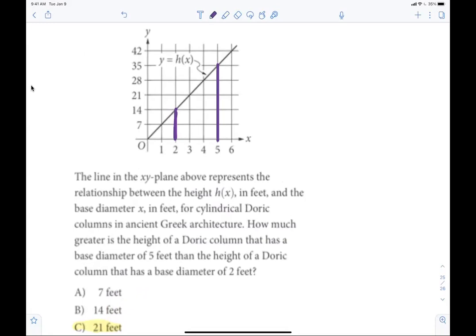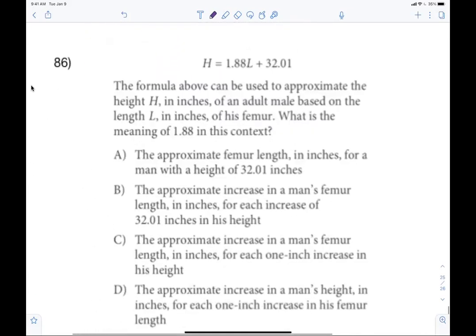If you don't know, now's the time. Let me know. So at 5, it's going to be what? And at 2, it's going to be, so the difference is 21. Guys, anybody? That's easy enough now, right? All right, let's try the next one.